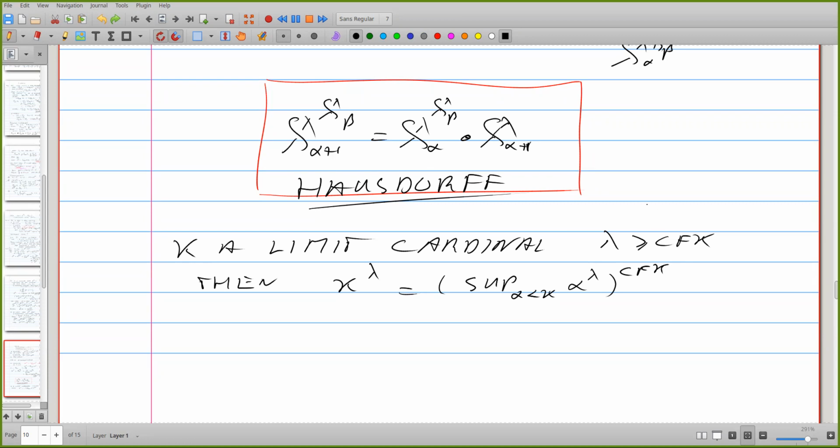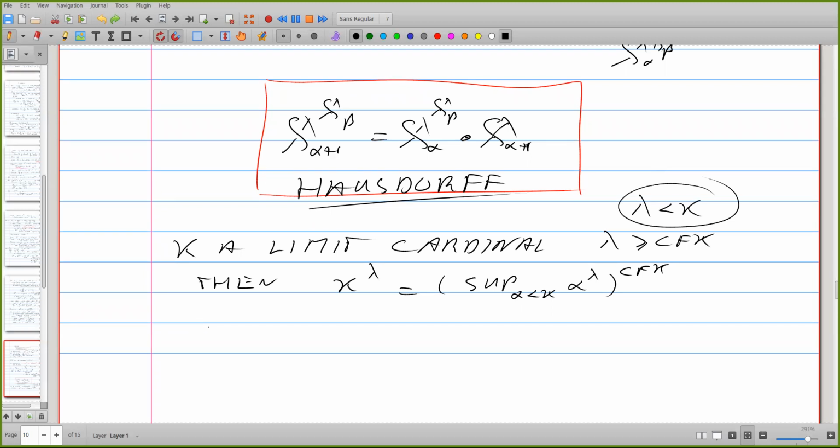So this is, in many cases, our standing assumption that we are looking at lambdas below kappa, but occasionally you can write this down in general.